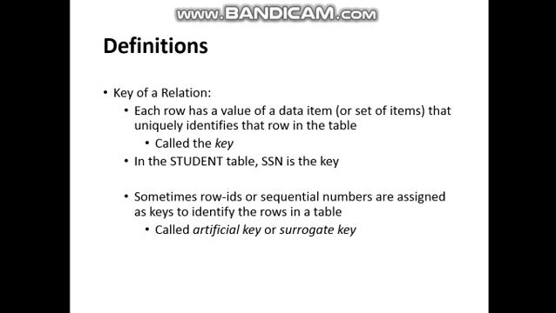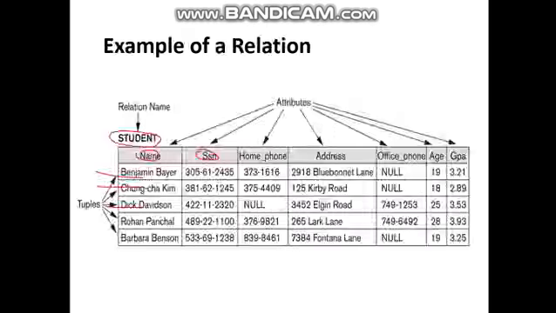Some of the definitions: the key of the relation. Each row has a value of a data item that uniquely identifies that row in the table. That is called a key. If we consider our previous example, SSN is unique to every student, so we can treat it as a key. Every value belonging to SSN will be unique, and based on that we can identify the name.